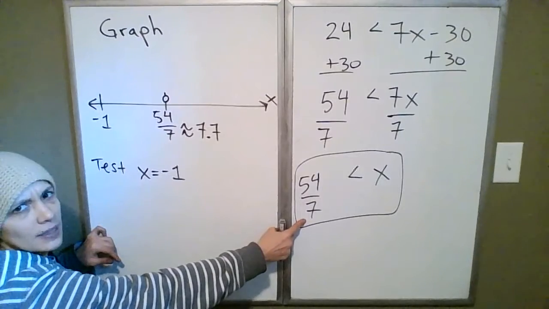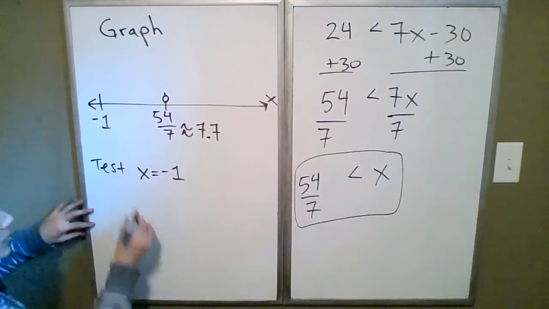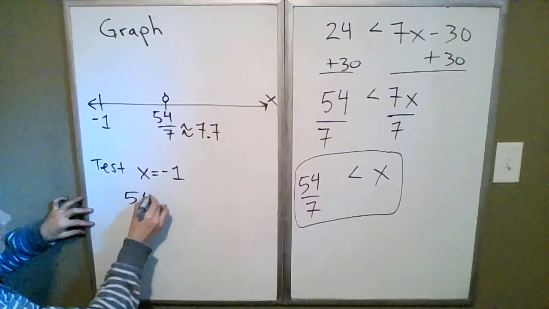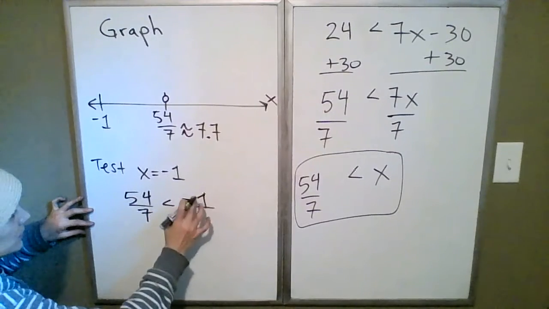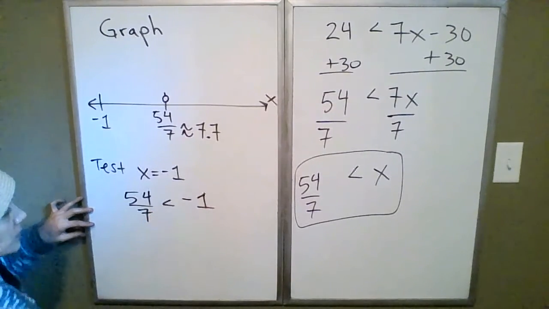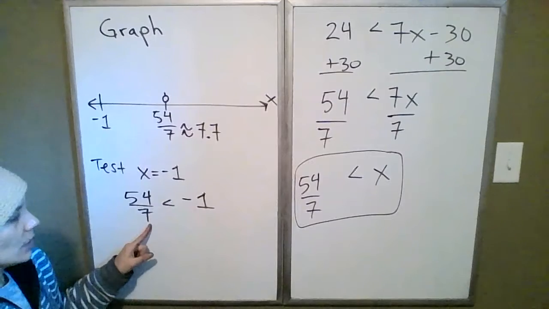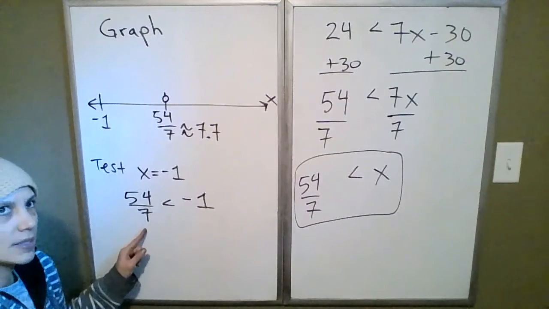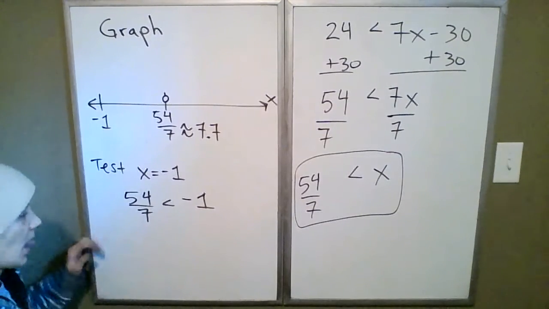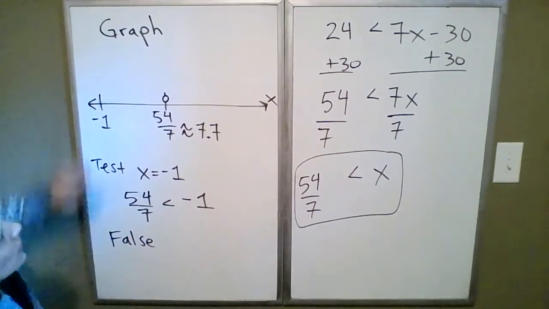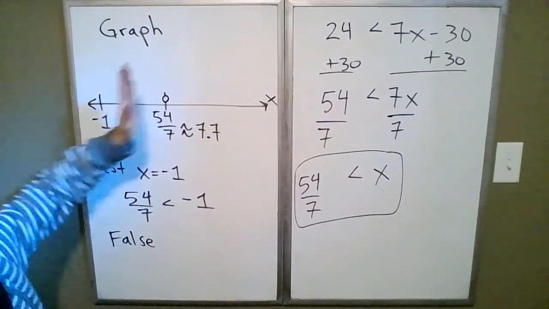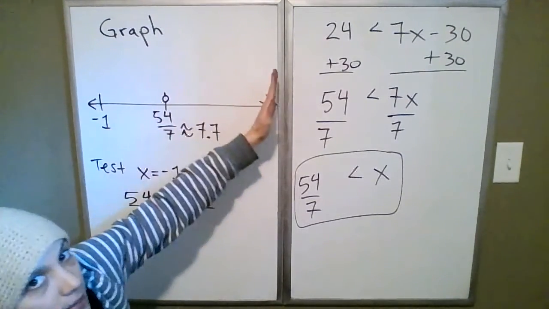Is -1 greater than 54/7? A negative number greater than a positive number is false. So we're not shading this side. We want to check over on this side.